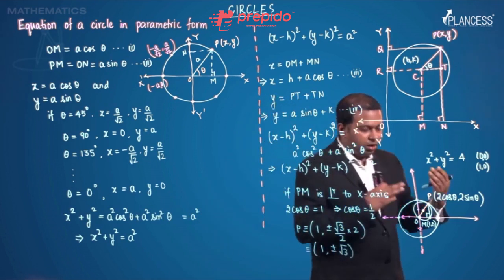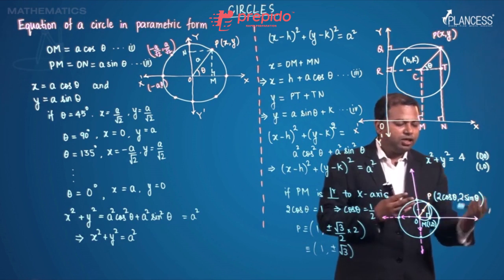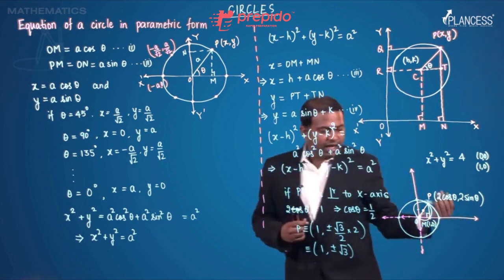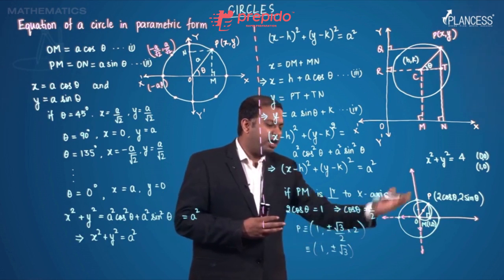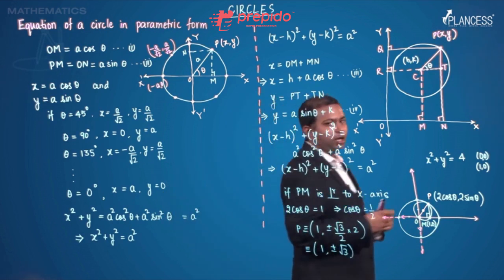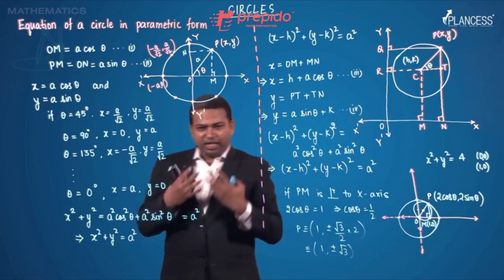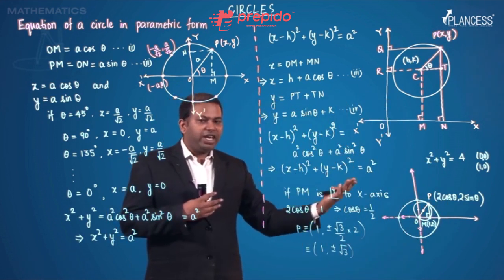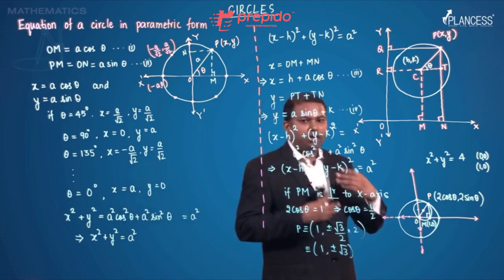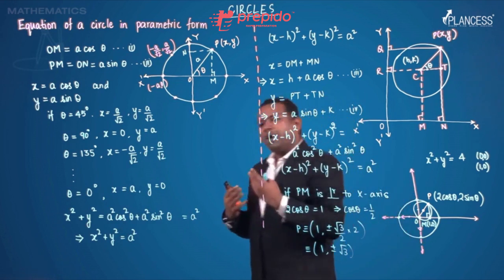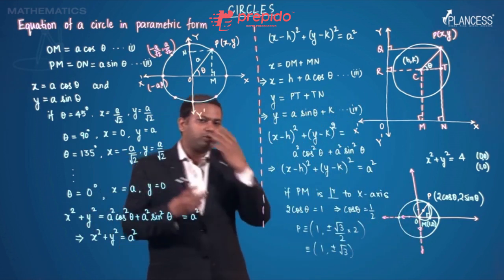So the knowledge of parametric form helped us to get this point immediately, and by just simple geometry we could straight away find the value of theta and hence the coordinate of the point P. So this is how different forms of circles are important, and it is very helpful in some cases to solve the problem in a much easier way with far fewer steps compared to the other forms.